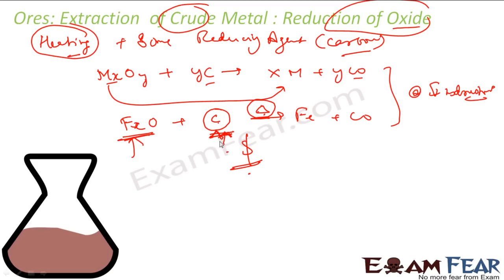So we are looking for a reducing agent which can do its work in a decent way, that should be cheap, and also the temperature required should be on a decent scale. It should not be very high. It should not be in the range of 5000 degrees Celsius or 5000 Kelvin. It should be in the range of 500, 600 at the max, 1000 or 1500 Kelvin kind of range. So here thermodynamics helps us.